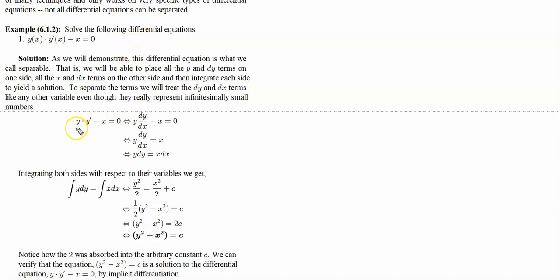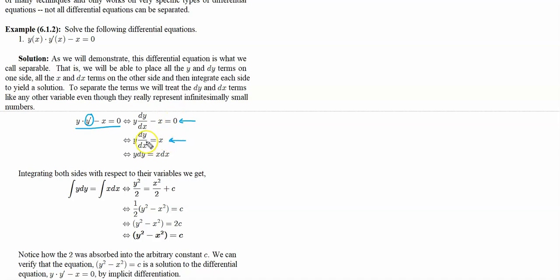So down here, you see right there we have our differential equation that we start with. Now let's replace the y prime here with dy dx. And so then we have this equation here. Now if we take the x over to the other side, you see we end up with this.